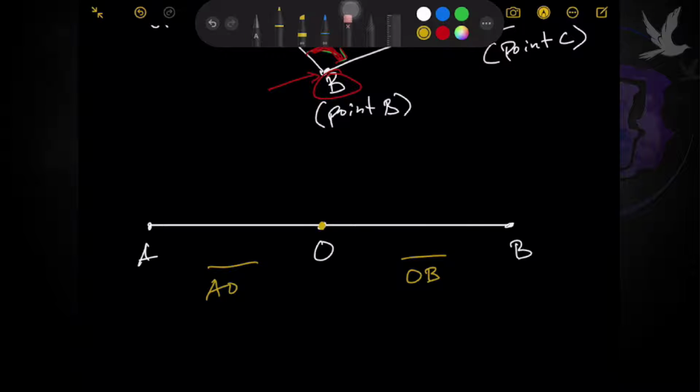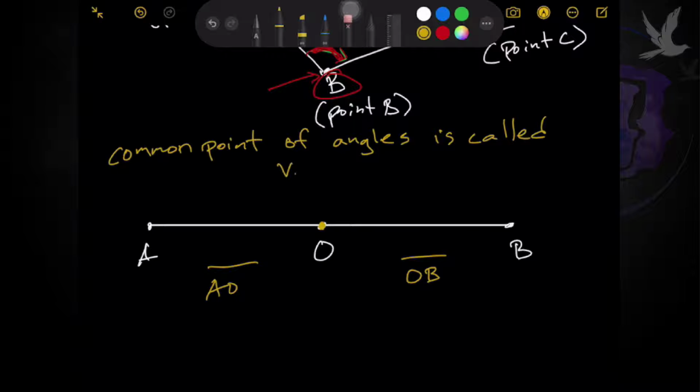The common point of angles is called the vertex.